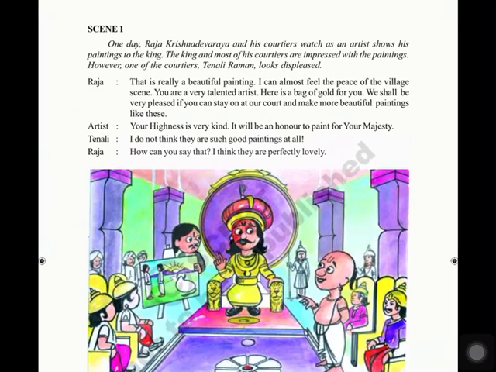All the other courtiers along with the king were very much satisfied and impressed. They were attracted and fascinated towards those paintings. But one of the courtiers, none other than Tenali Raman, looks displeased, not convinced. He also feels upset by going through those pictures. Why? What's the reason? Let us know.